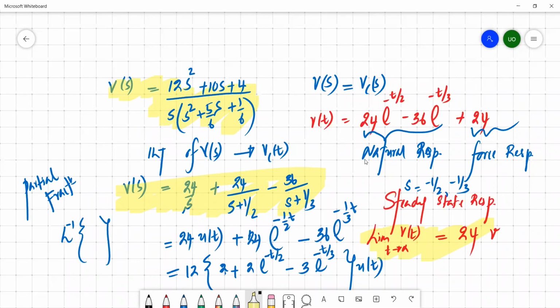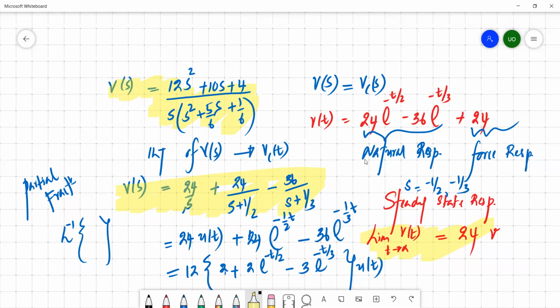The objective there was that instead of deriving the differential equation and solving natural and forced responses, we can just convert the time domain circuit to the corresponding S domain circuit, analyze it and get the values as a function of S, and apply inverse Laplace transform to get back into the time domain.